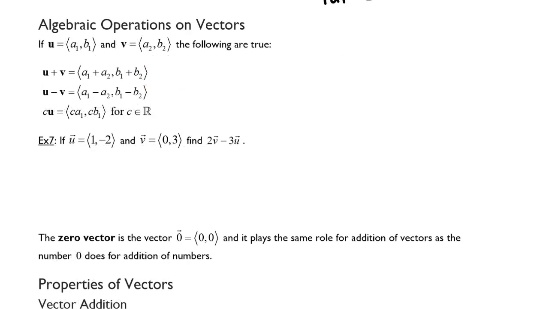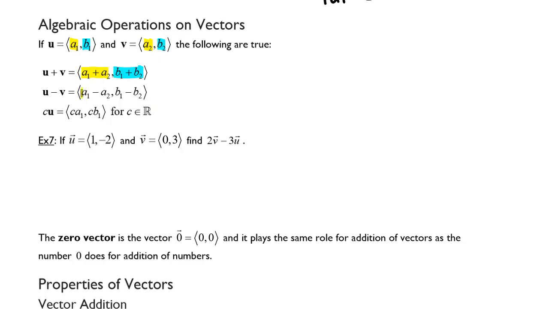For formality's sake, let's look at these algebraic operations on vectors. If we have a vector u in component form a sub 1, b sub 1, and another vector v with components a sub 2, b sub 2, the following are true. We can add the two vectors together and their components add together separately. You could also say respectively. The a's add together and the b's add together.